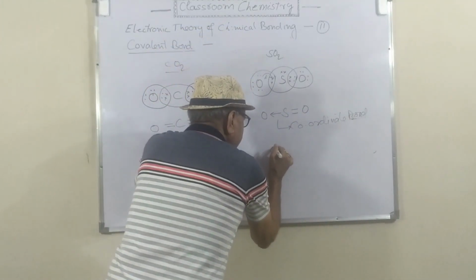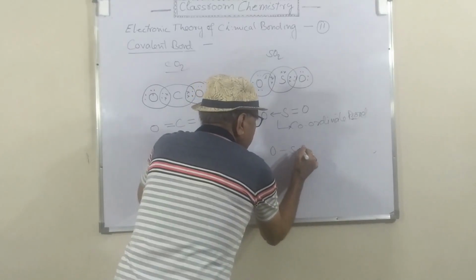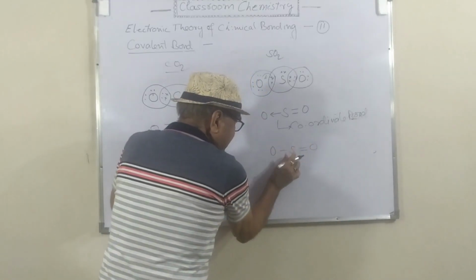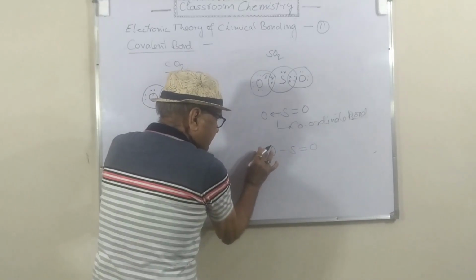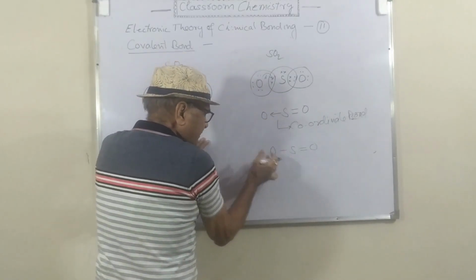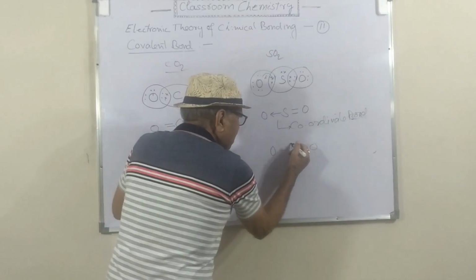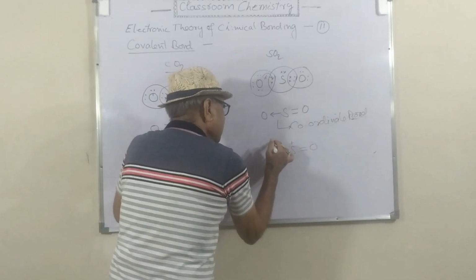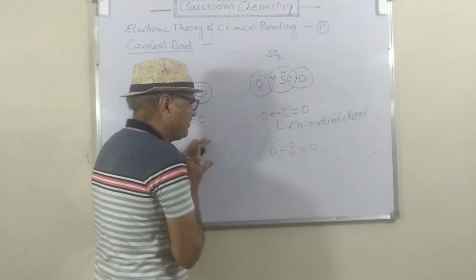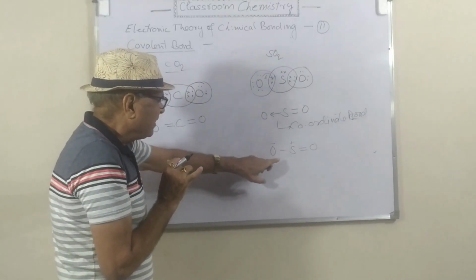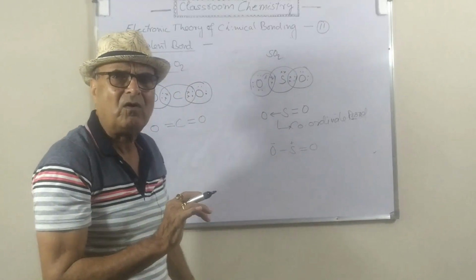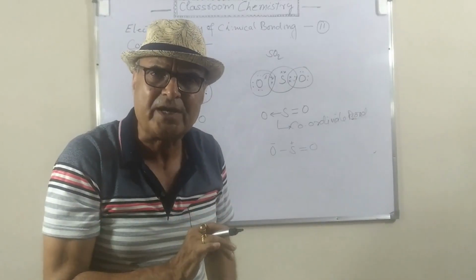We will say it as a double bond to O. One electron was given to this oxygen, and then they shared with each other. So this oxygen has a positive charge and this oxygen has a negative charge. This is the structure of sulfur dioxide.